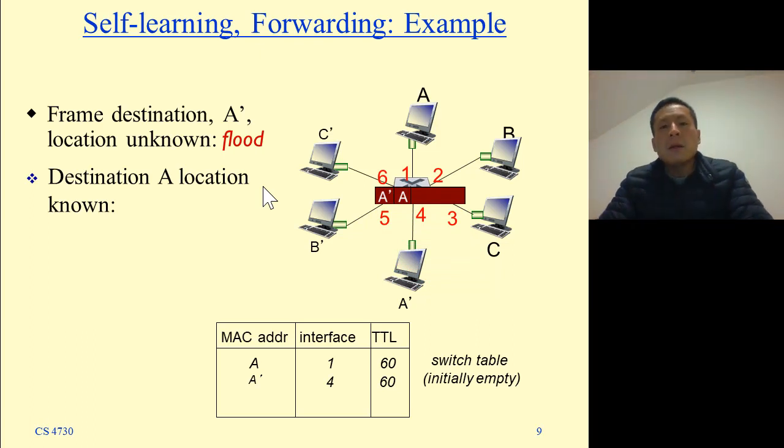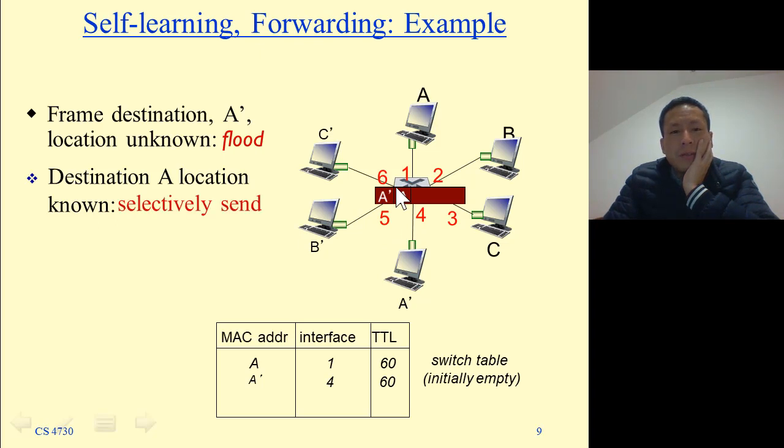So it will reply and send response frames to the switch, and it will be recorded, right? It will be recorded into the switch table because this is the first time A prime sends out something to the switch.